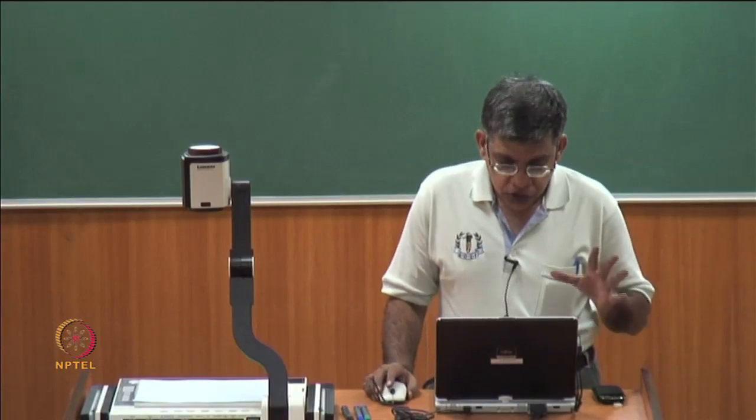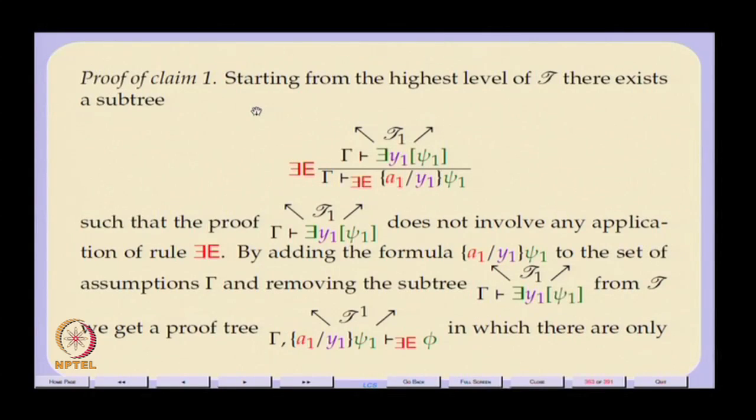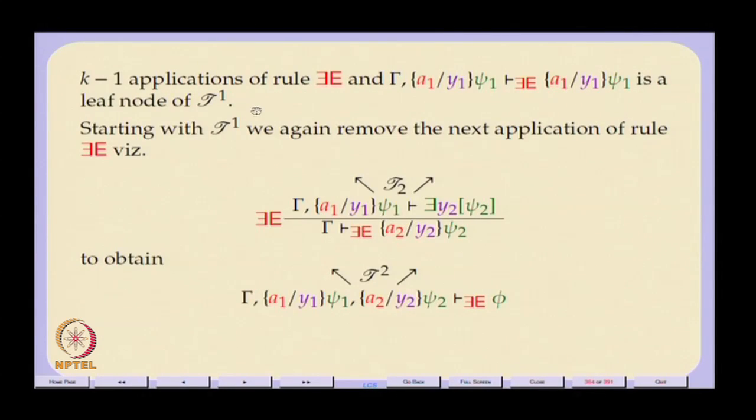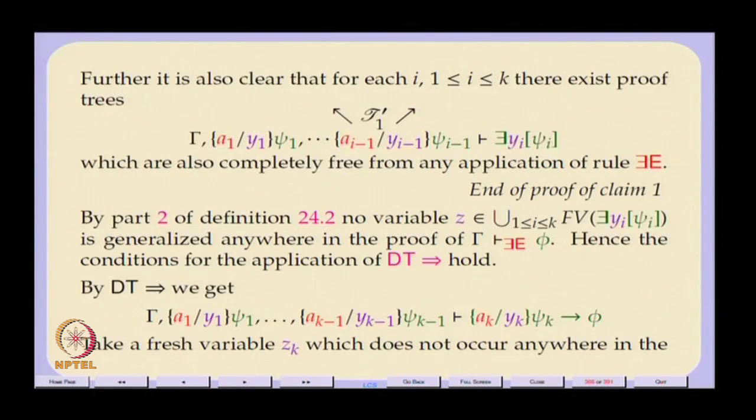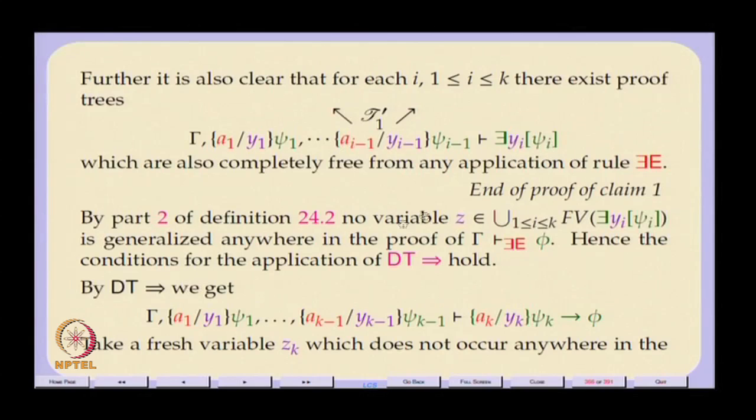So this is the modification. So essentially this claim can be proven, and it goes into several steps. So there it ends.